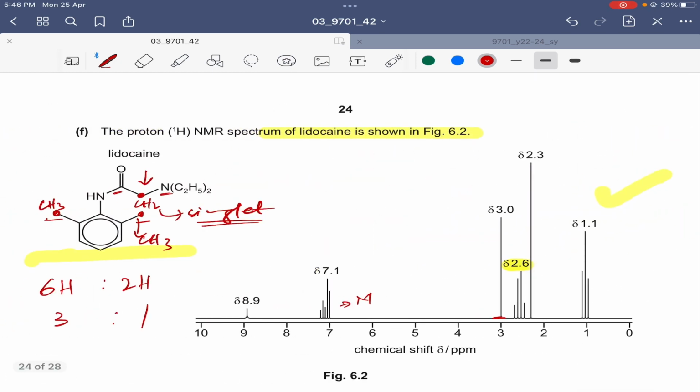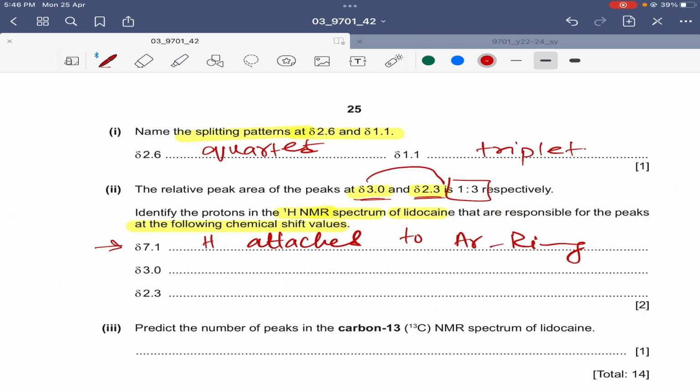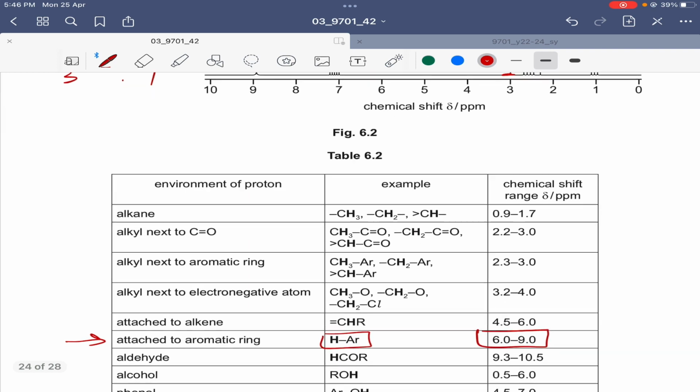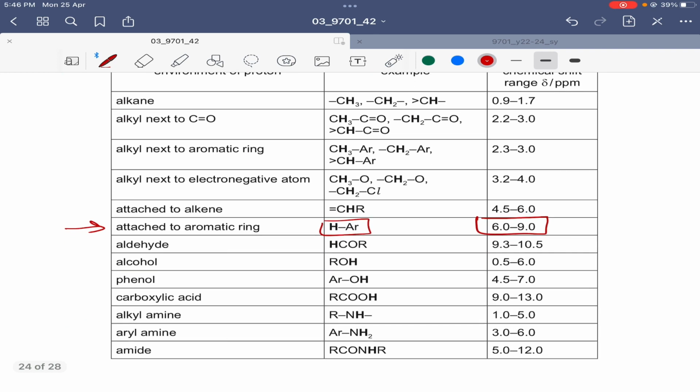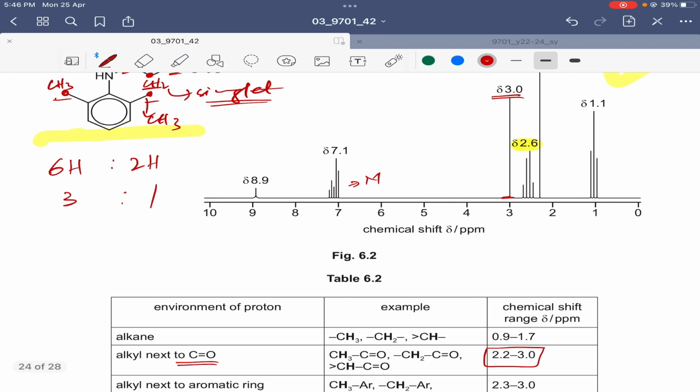So the peak at 3, that means the peak at 3 is due to the CH2 protons, which is directly attached to the carbonyl group. Let's look at the alkyl next to carbonyl group, the range is 2.2 to 3. Yes, so these would be the protons, because it also justifies the ratio.